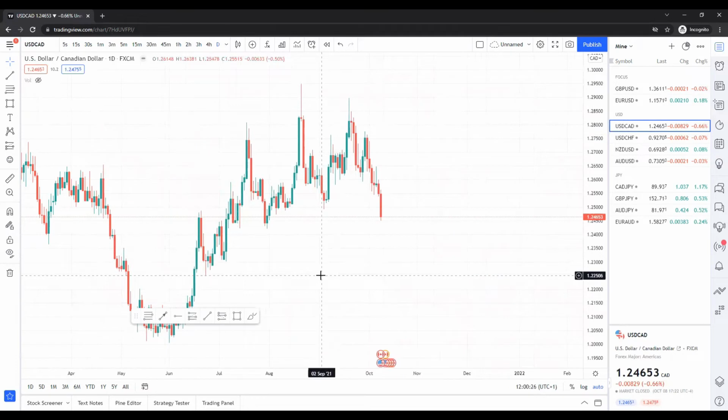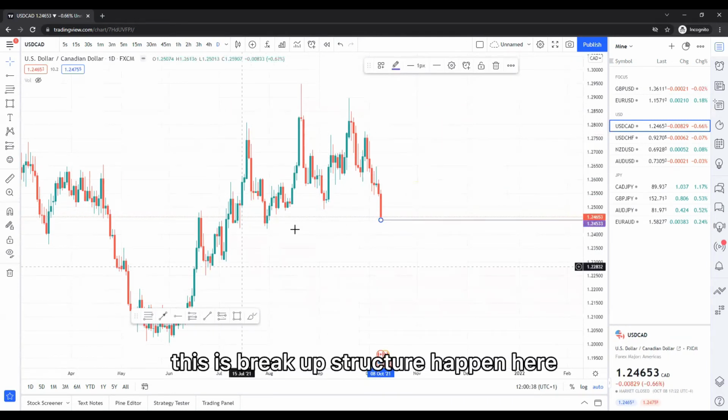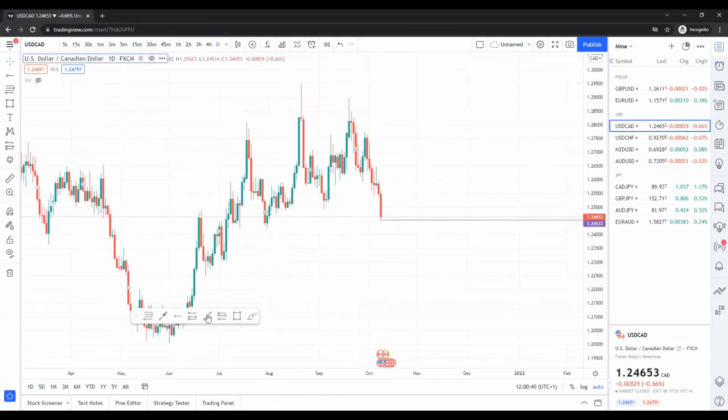The CAD, right? First let's mark the ranges. This is the low, the daily low. This is the break of structure that happened here.